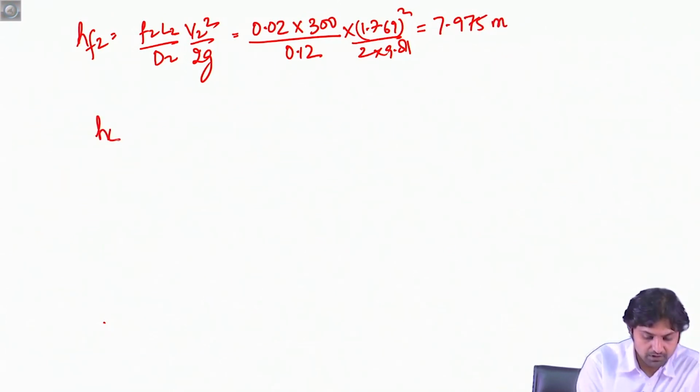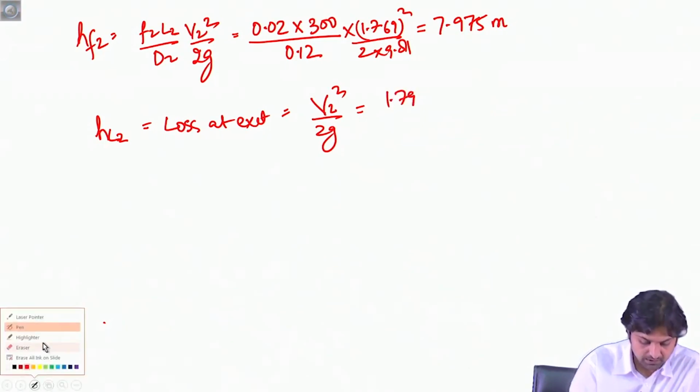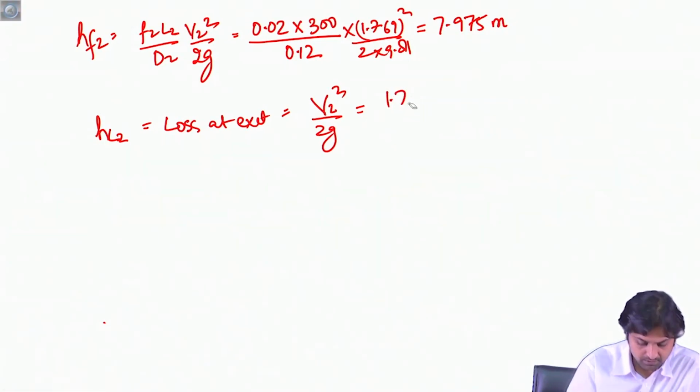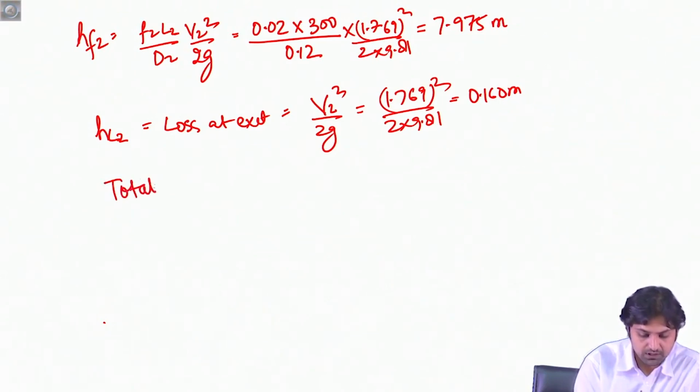Similarly, there will be a loss at exit, and at exit it is simply V2 squared by 2g because K here is 1. So with 1.769, it is 0.160.